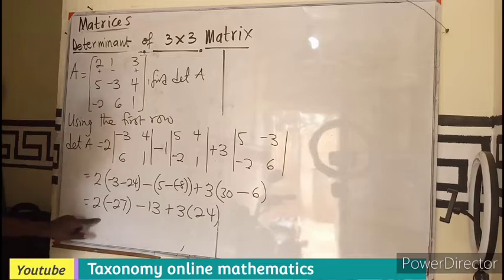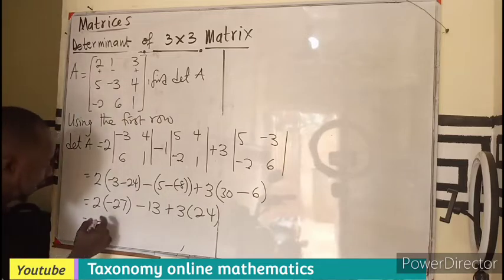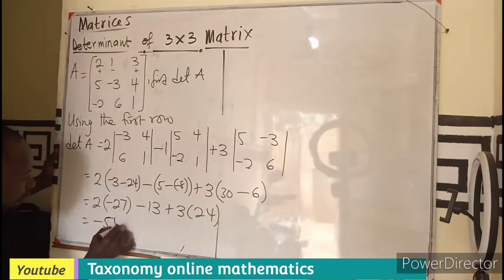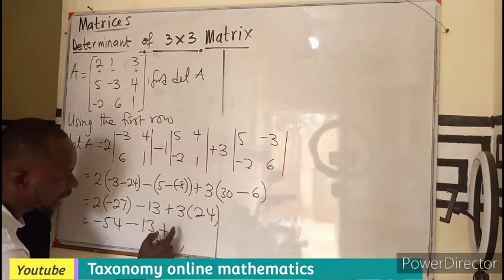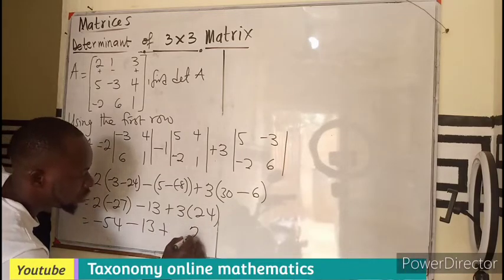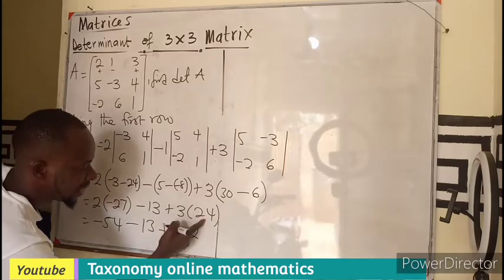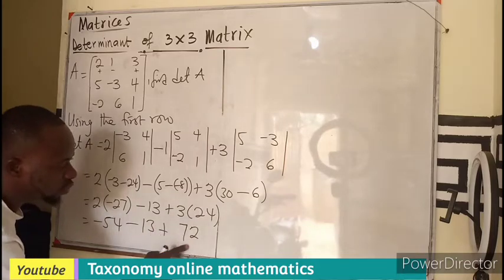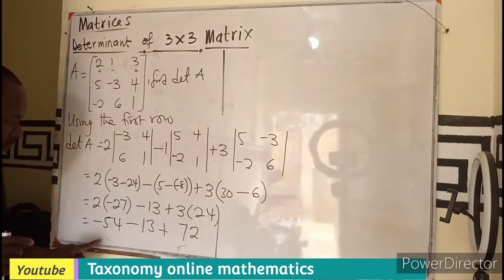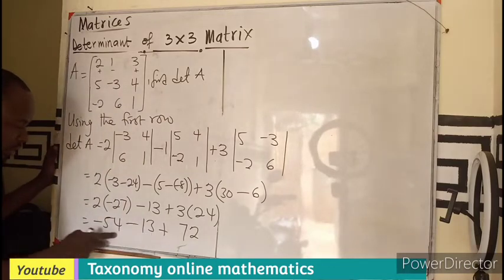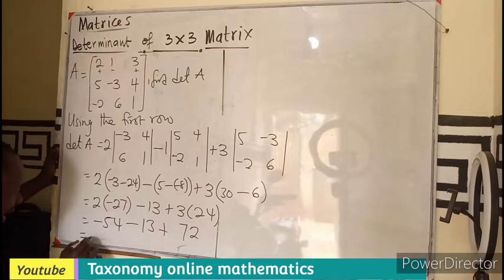So let me have this to be minus 54, minus 13, plus this will be 12, 1. This will be 72, right? 72, all right. If you add this, it is going to be negative, so I have negative 67.